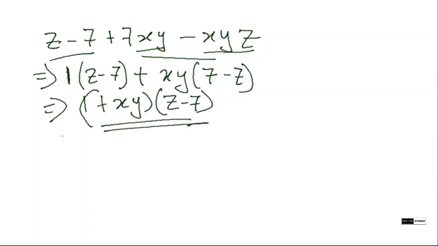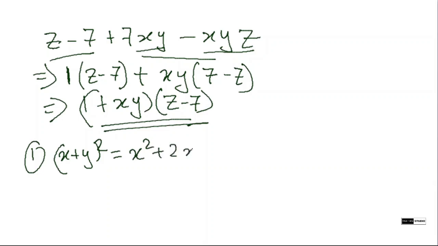Now the third type of factorization that we need to do is factorization using identities. Factorization using identities was done earlier in this book. So as we know, the major identities that we have done in class 8 are: x plus y whole square is x square plus 2xy plus y square.